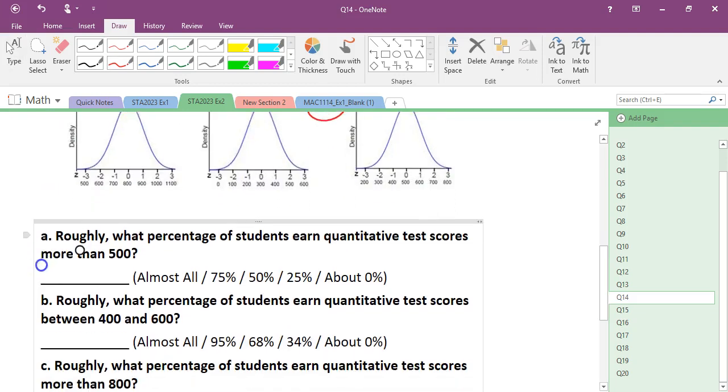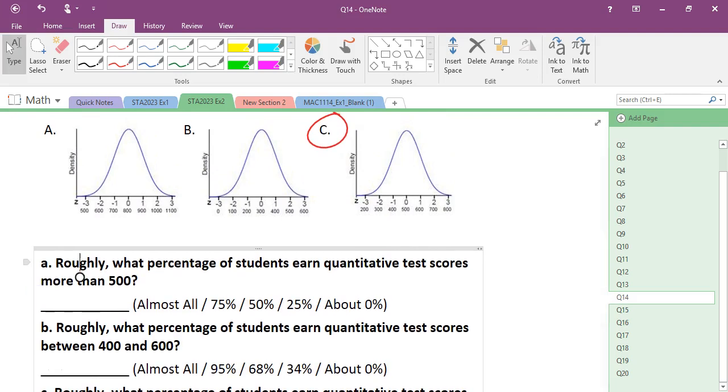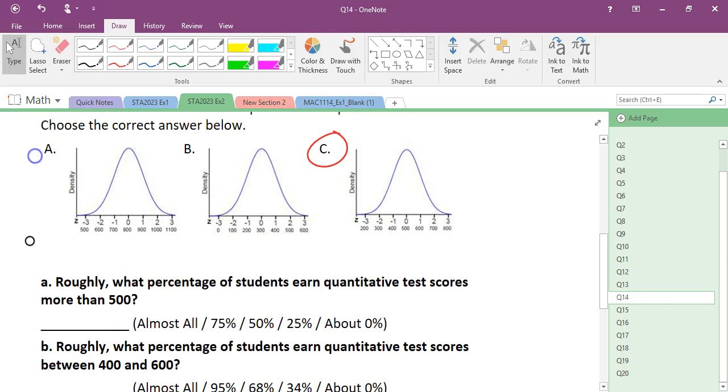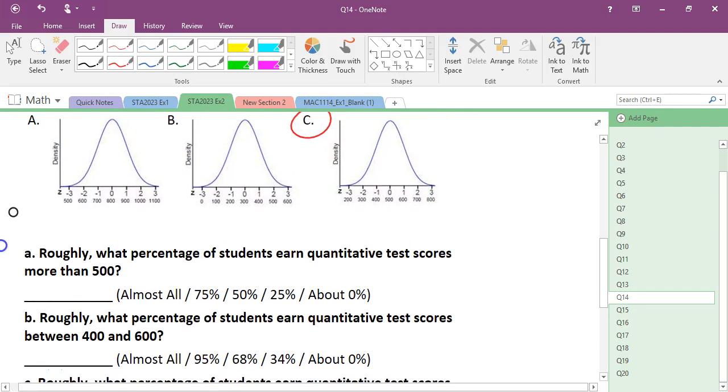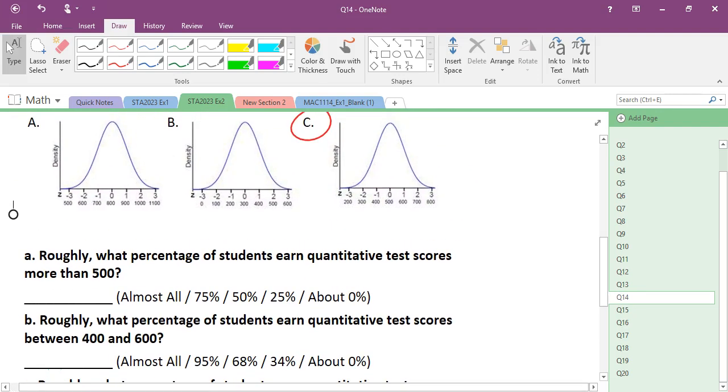All right, so now we just start answering those same questions that we did before, thinking about that empirical rule. What percentage of the students earn quantitative test scores more than 500? 50. Absolutely, because if you look at this graph, we want to be more than 500.